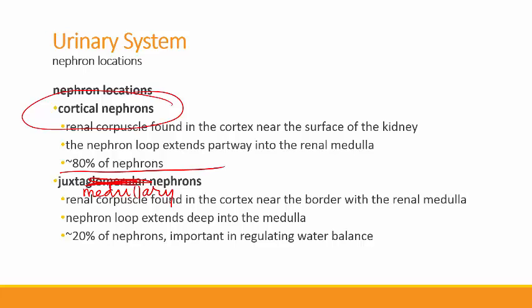So juxtamedullary nephrons are found at that border between the cortex and the renal medulla. And the nephron loop of a juxtamedullary nephron extends deeply into the medulla. This is about 20% of the nephrons, and they are very important in regulating water balance.